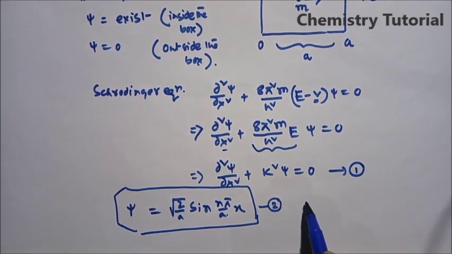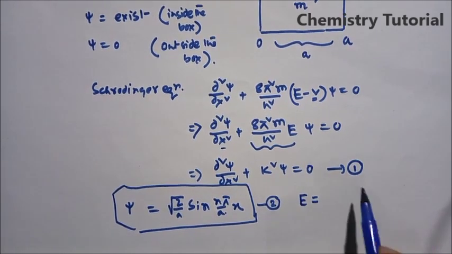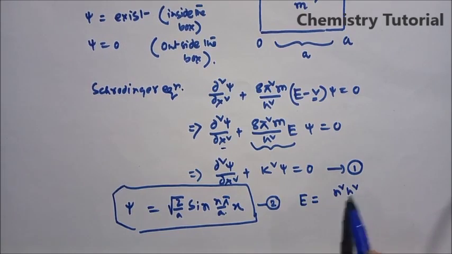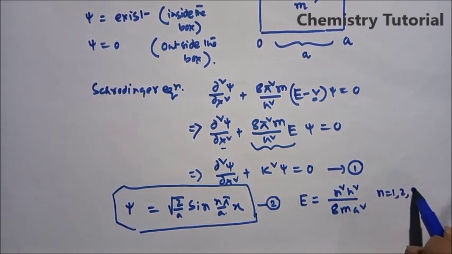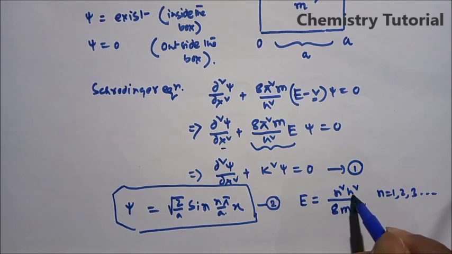Similarly, the value of energy can be written as n square h square by 8 m a square, where n is the quantum number. The value of n can be 1, 2, 3 and so on, h is the Planck constant, m is the mass of the body and a is the dimension of the one-dimensional box.